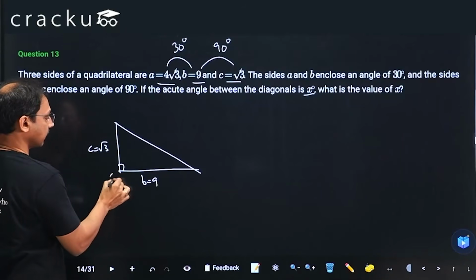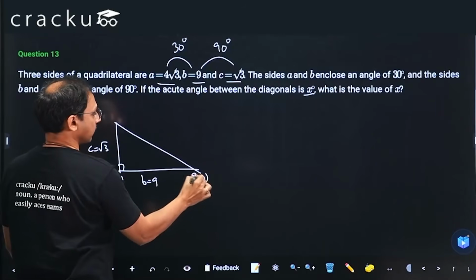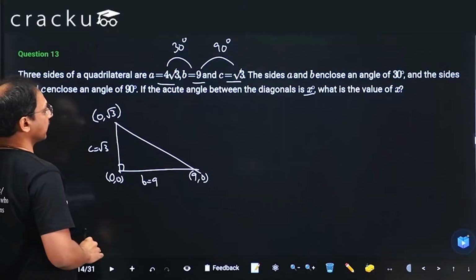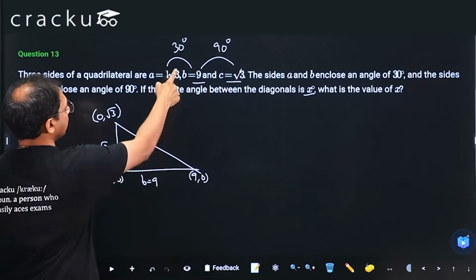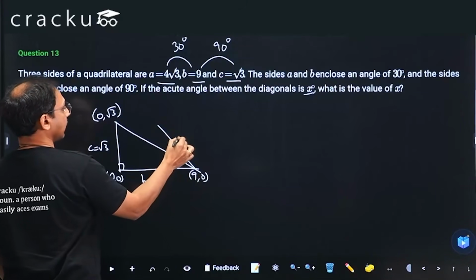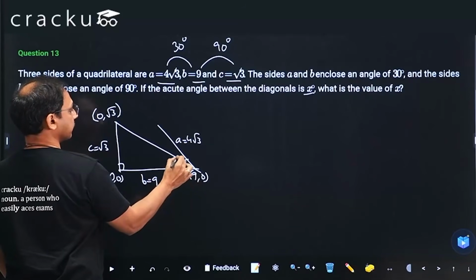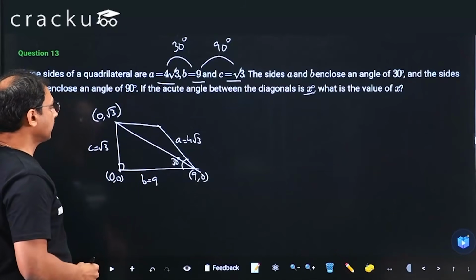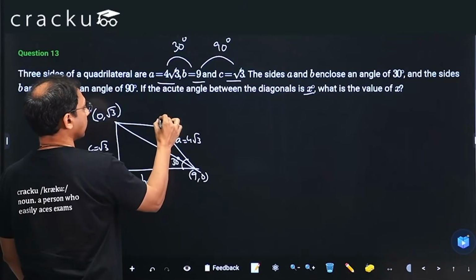So what I'll do is, I'll consider this as the origin. This will be 9 comma 0. This will be 0 comma root 3. A and B included angle is 30 degrees. So A will be here. This will be 30 degrees. So this will be the diagram. Now using parametric form of a line, I can find the coordinates of this point.